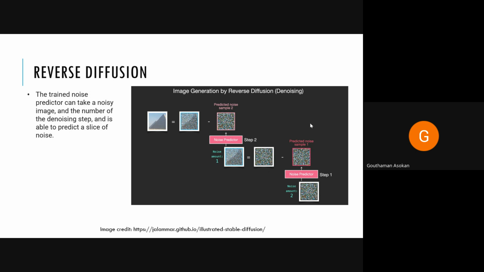So that's why they are just predicting what the noise is and subtracting it from the image to get the denoising. Again, they send that to the noise predictor to find the noise, and subtract it from this image to get the image. So that's how the reverse diffusion works.